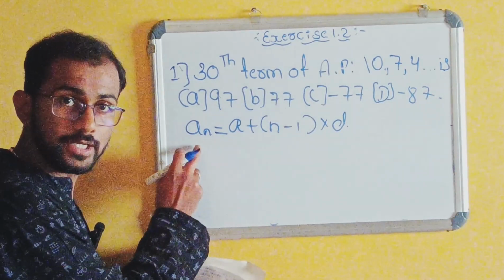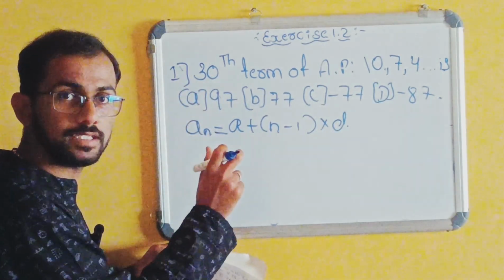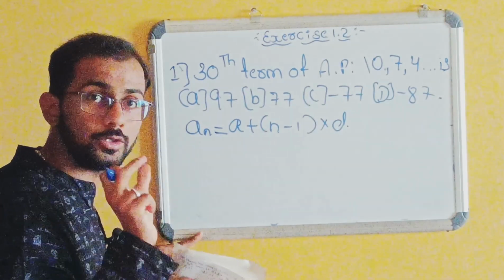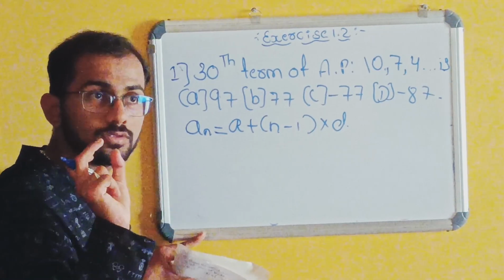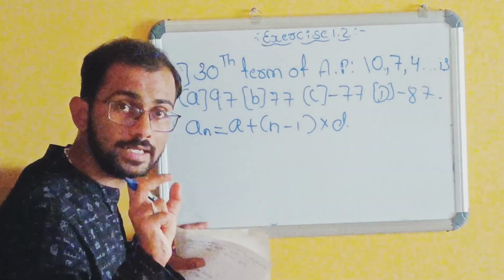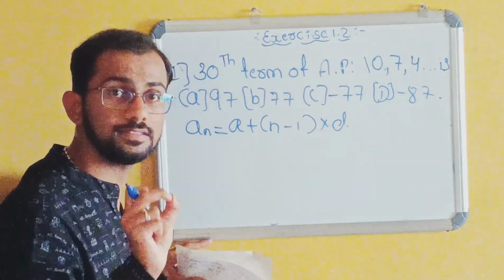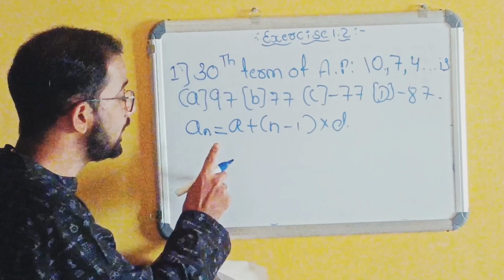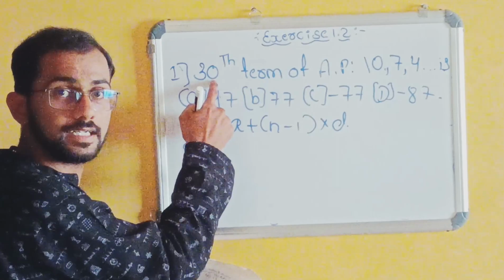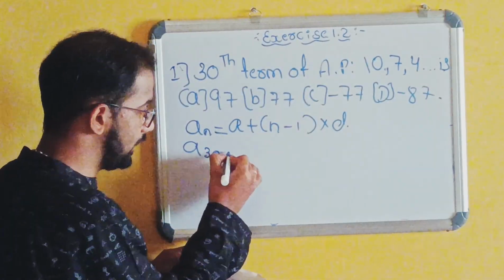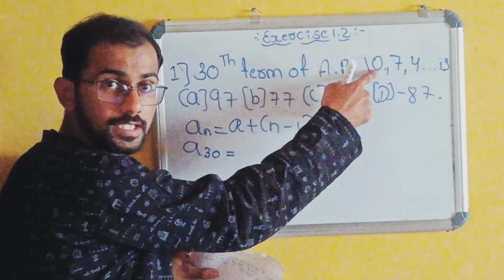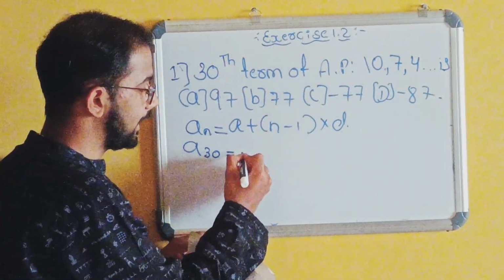We need to calculate the 30th term, so the position of the particular term we need to calculate is considered as n. Here 30 is considered as n. A30 equals a plus n minus 1 into d, where a is known, that is 10, the first term of the sequence.